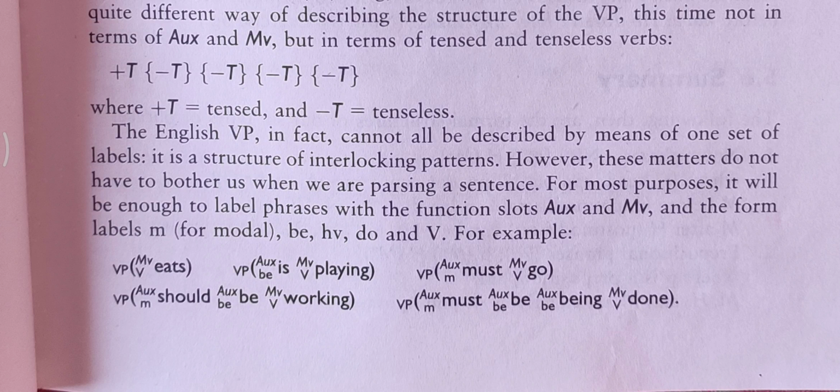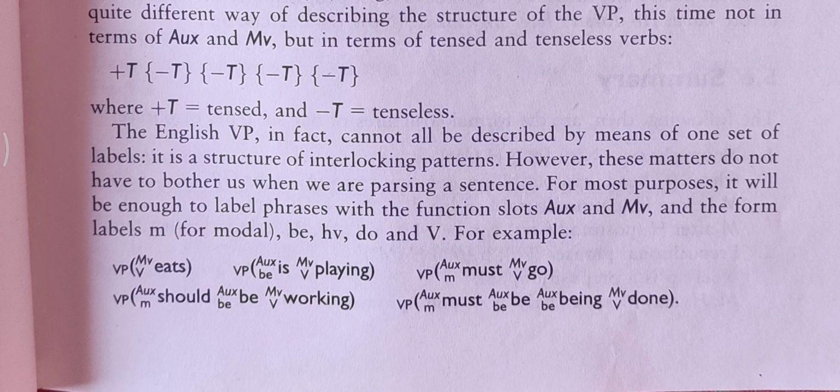See, yet it's a verb phrase; the verb is the main verb. Is playing: is is an auxiliary, it's a be form, so we can give that label. Must is a modal, M for modal; it is an auxiliary form, meaning auxiliary is a functional label, and main verb is a function. The big V stands for main verb.